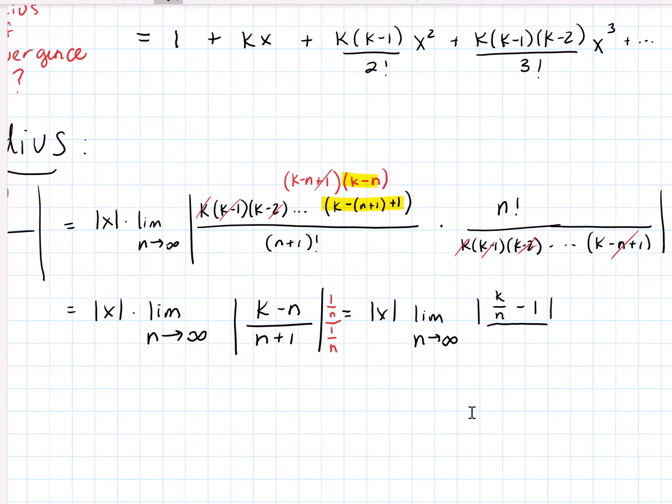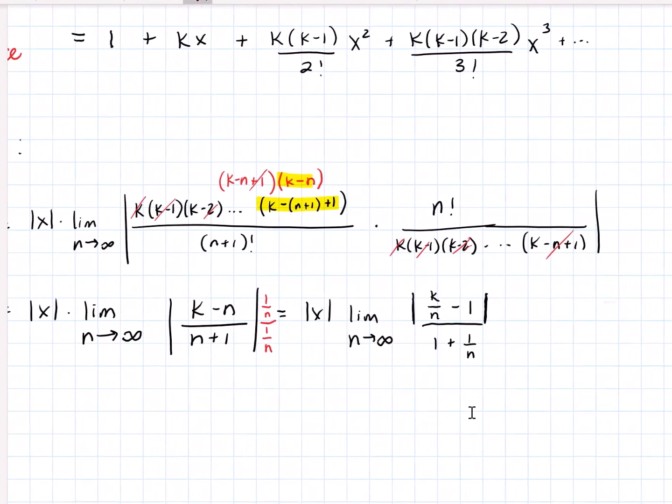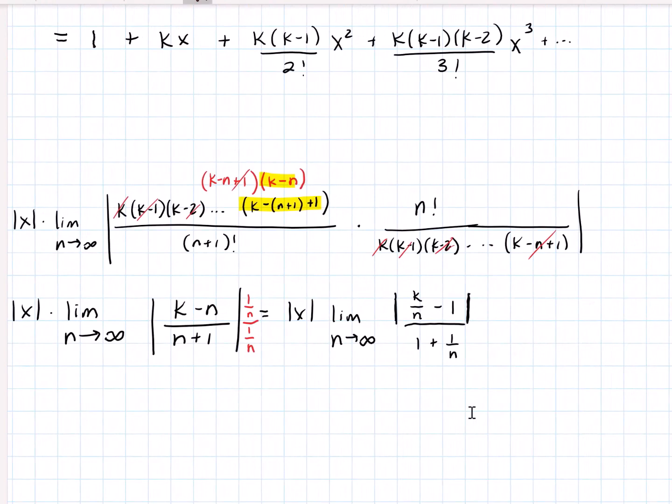Now, the denominator is positive, so I did leave the absolute values just in the numerator, but we could have left them on the denominator as well. Okay. And so as we go, it turns out it doesn't matter what k is, a real number. And so as n approaches infinity and grows without bound, this will eventually approach 0. This will also approach 0. And we end up with the absolute value of x times 1.